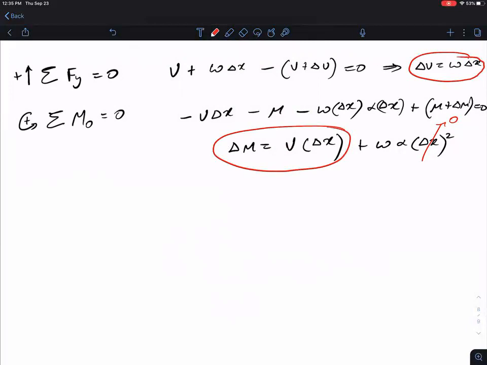If we take both equations, divide by delta x, and then take the limit as delta x tends to 0, we end up with the following equations.